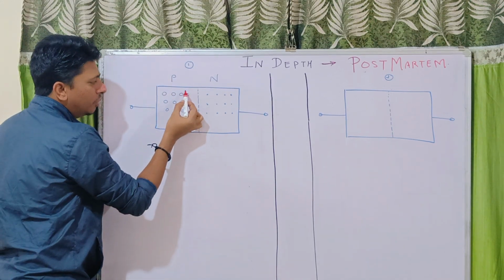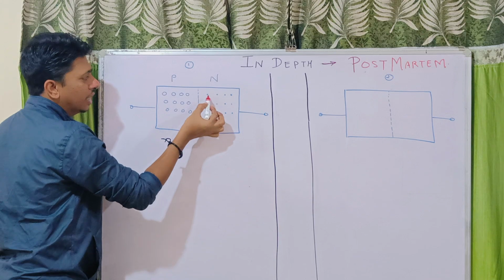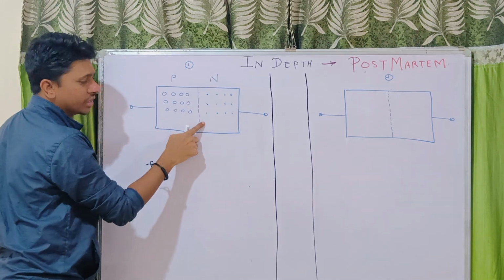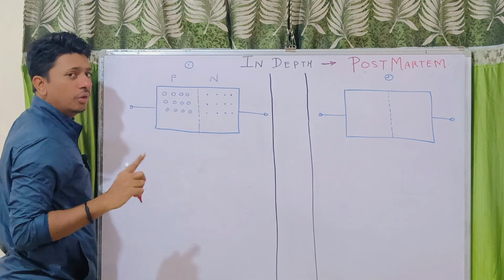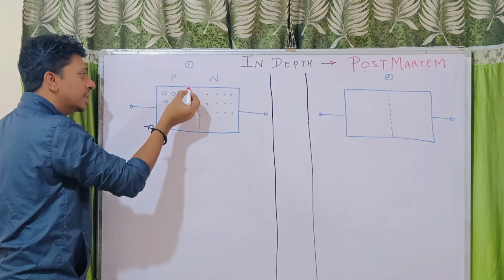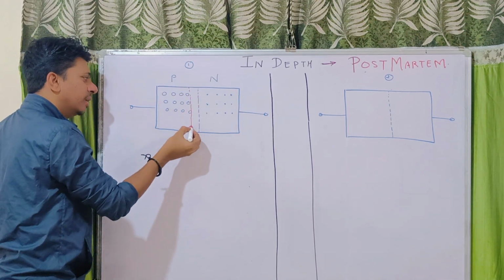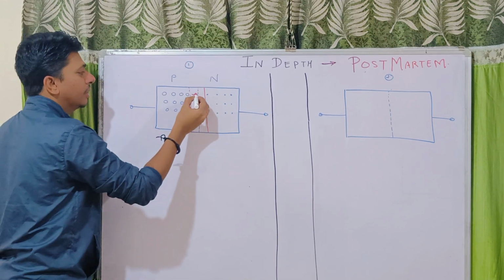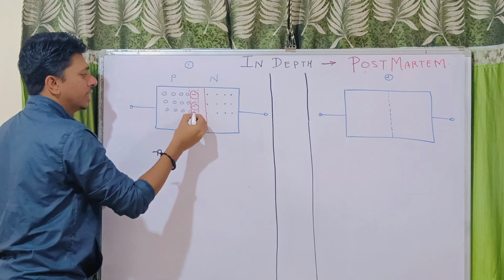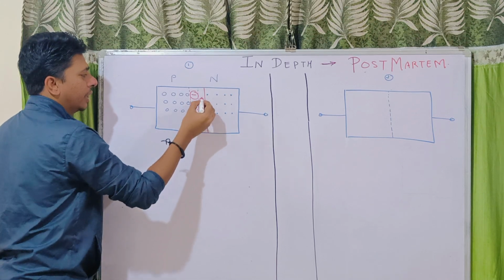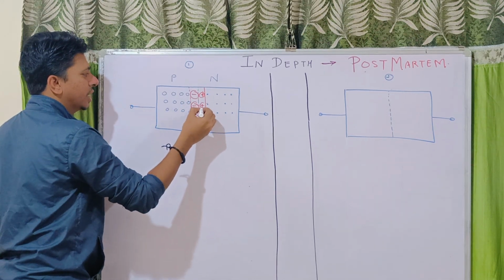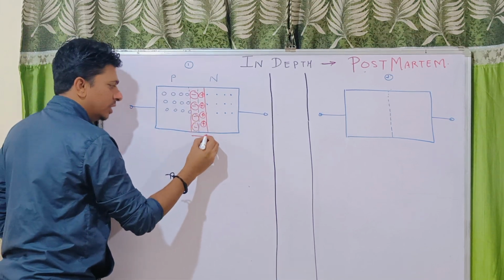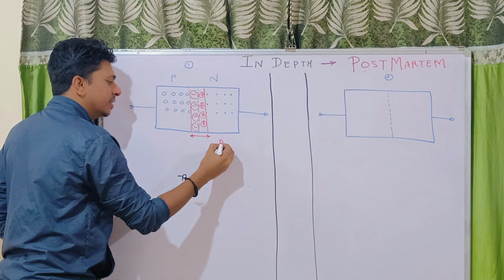Some of the holes from this region and some of the electrons from this region which are near the junction will combine, resulting in a region of negatively charged ions here, and positively charged ions here, and this region is called the depletion region.